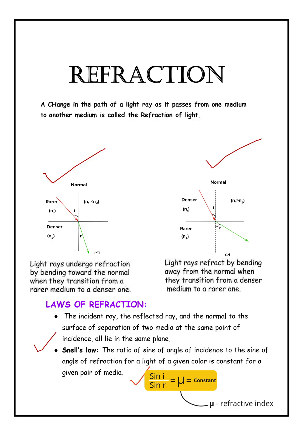Next is Snell's law: the ratio of sine of the angle of incidence to the sine of the angle of refraction for light of a given color is constant. The symbol used is sine i upon sine r equals mu. Mu is termed the refractive index, and it is constant.